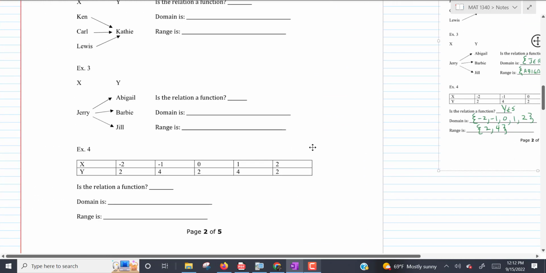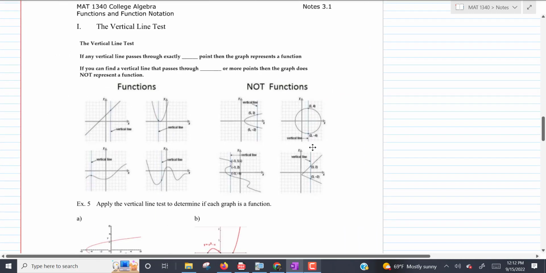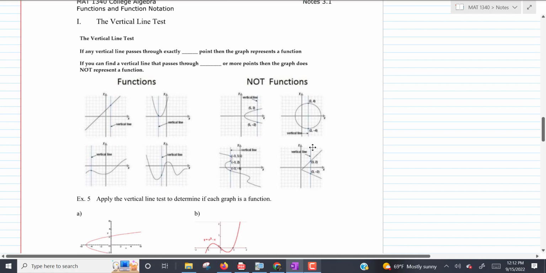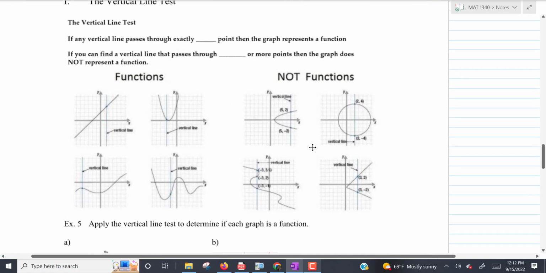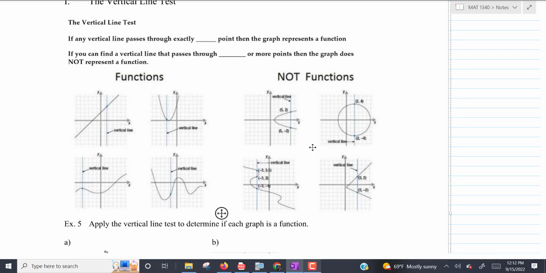Vertical line test is the same thing, but it's looking at things visually. So it's important that you understand how these things go. We use a vertical line test to look at a graph and see if the graph represents a function or does not represent a function.